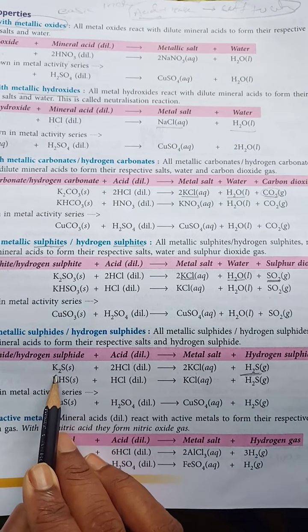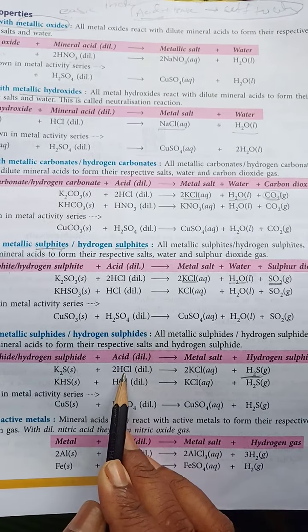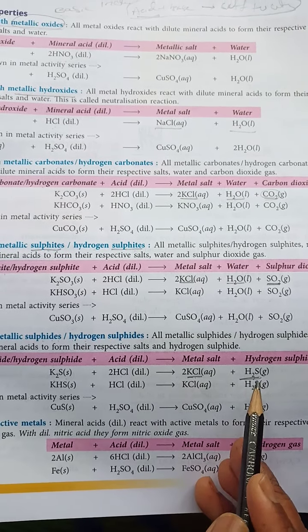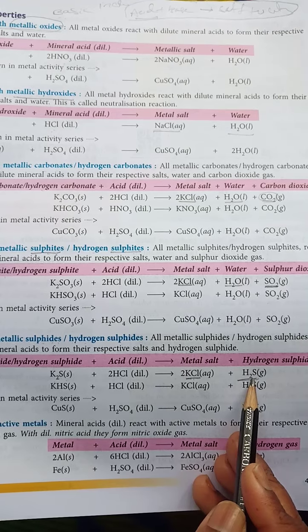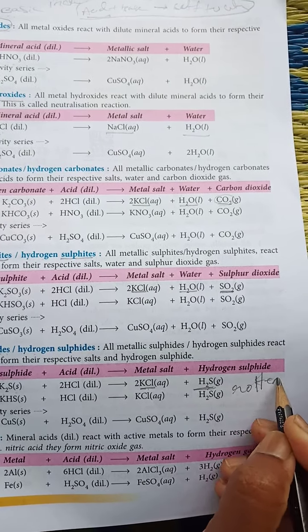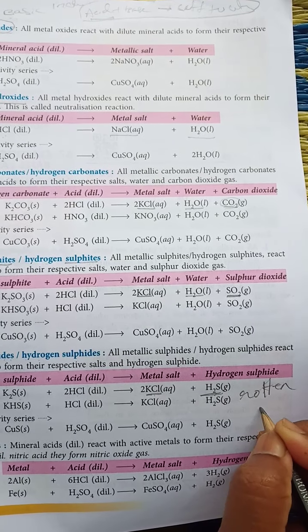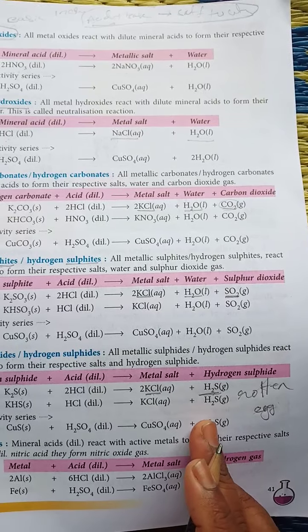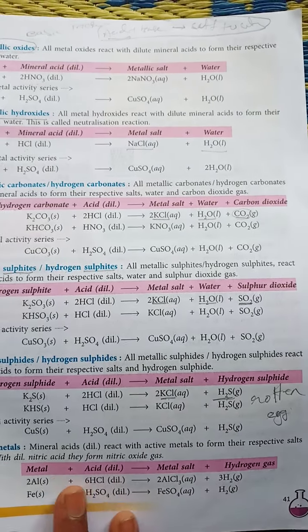When a metallic sulfide like K2S reacts with acid, we get salt and hydrogen sulfide gas. This hydrogen sulfide gas has a rotten smell. By this smell we can find out whether it is hydrogen sulfide gas or hydrogen gas.